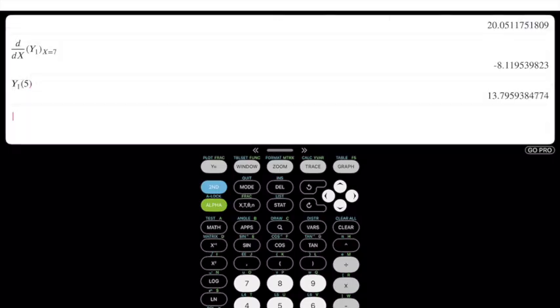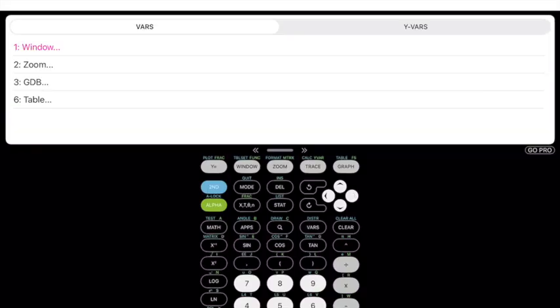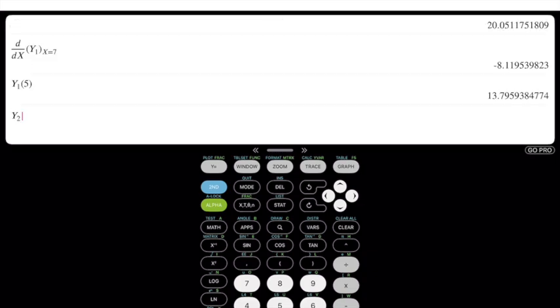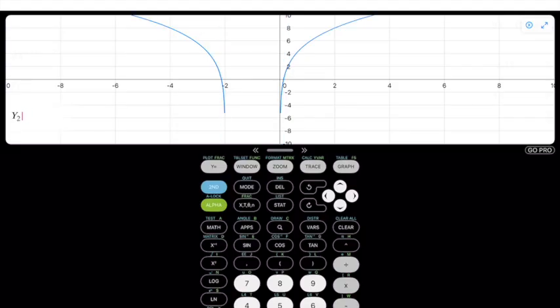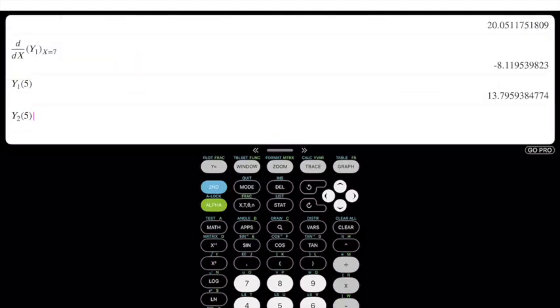And so that is 13.7959. Then we do the same thing: go to variables, go to y-axis, go to number 2. My thing is glitching. And then we have 11.53 pounds.